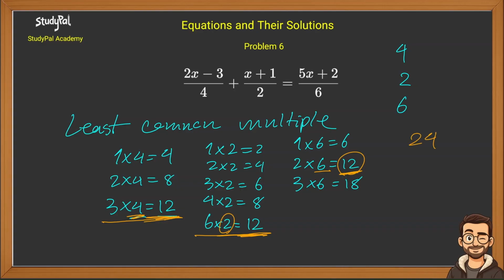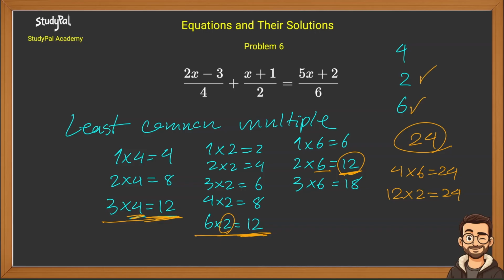Is 24 a multiple of 6? Yes, because 4 times 6 is 24. Okay? Is 24 a multiple of 2? Yes, because 12 times 2 is 24. So up to here, 24 is a multiple of 6, is a multiple of 2.